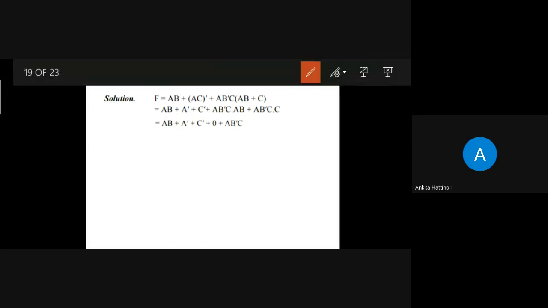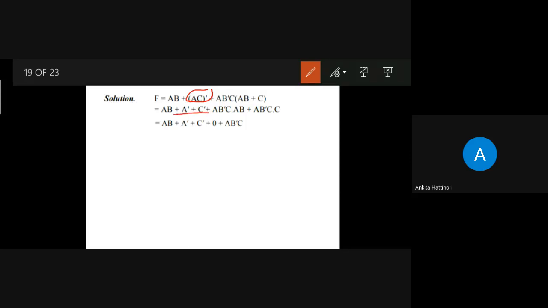So what I have done here? Here I have used which property? A dot C bar. I have used De Morgan's law here.